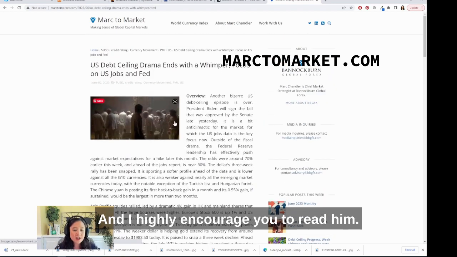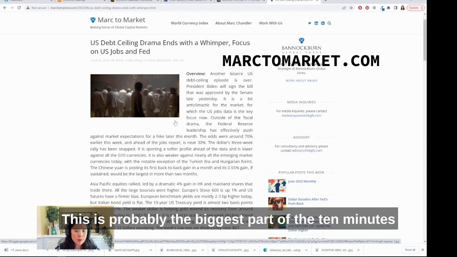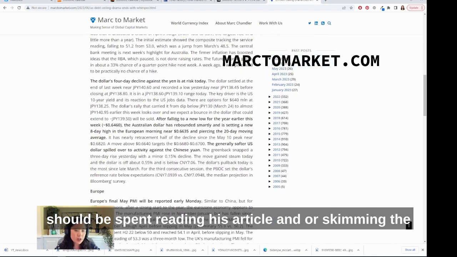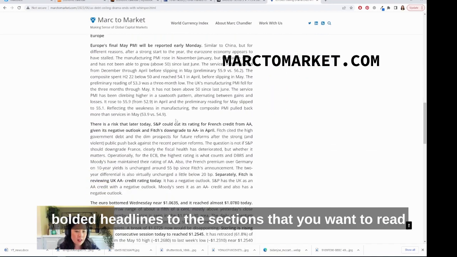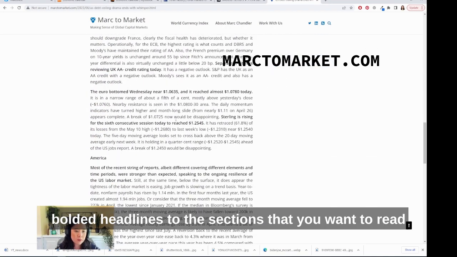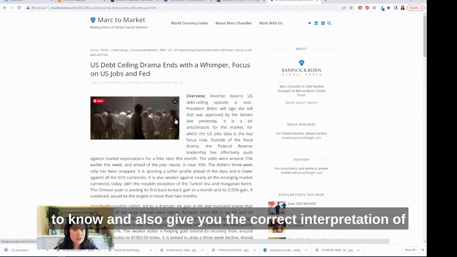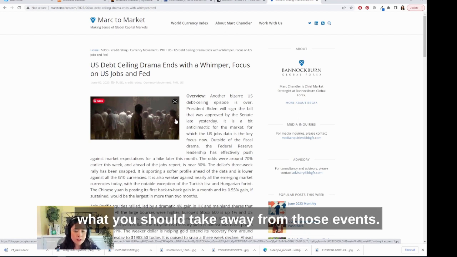And I highly encourage you to read him. This is probably the biggest part of the 10 minutes should be spent reading his article or skimming the bolded headlines to the sections that you want to read, because he will cover everything that I think is valuable to know, and also give you the correct interpretation of what you should take away from those events.